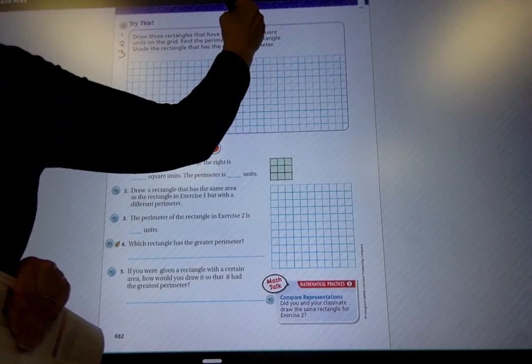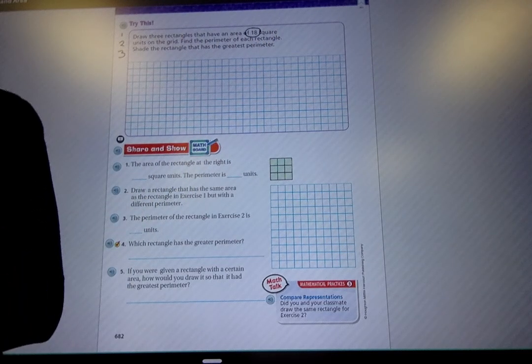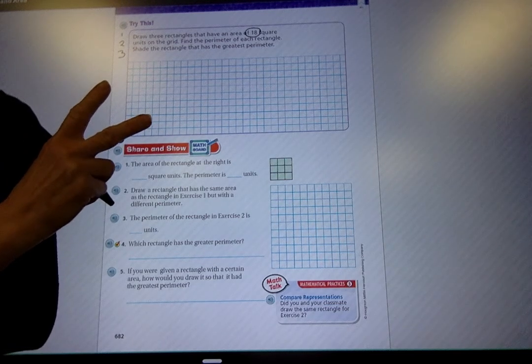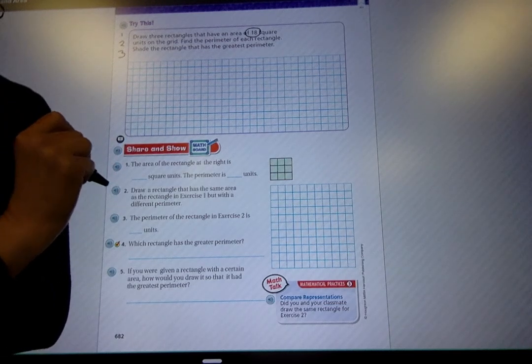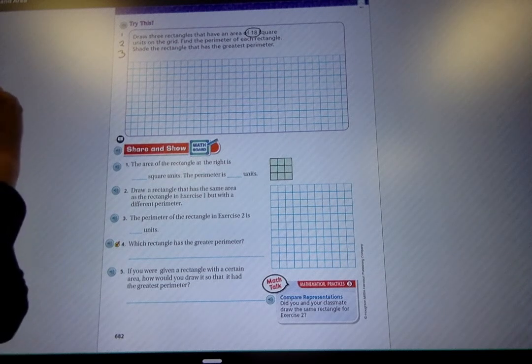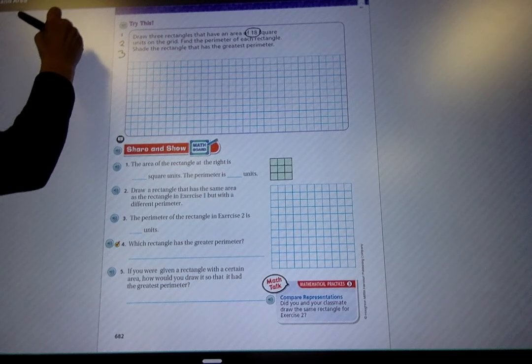It has to be 18 square units of area. So remember, I told you area is made up of 2 multiples. So what are 2 numbers that will multiply and will end up with 18? Well, 1 times 18.